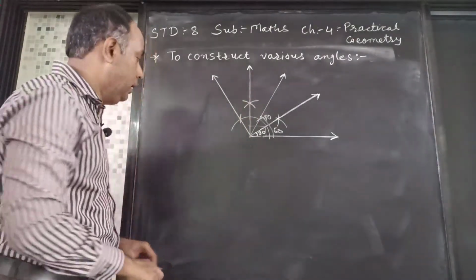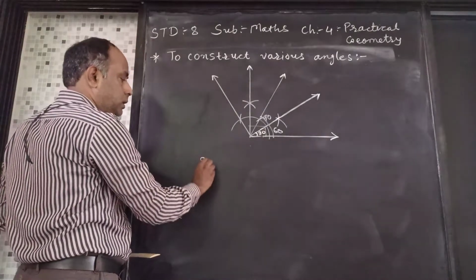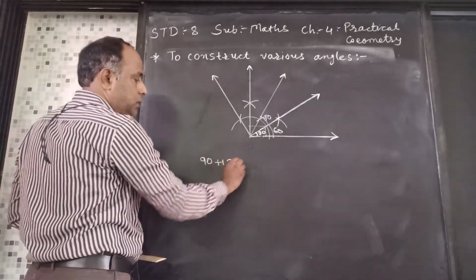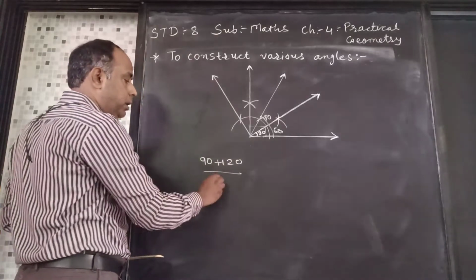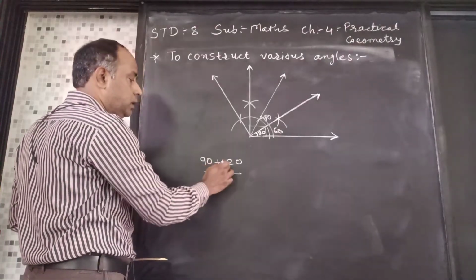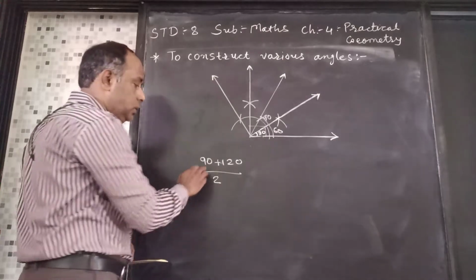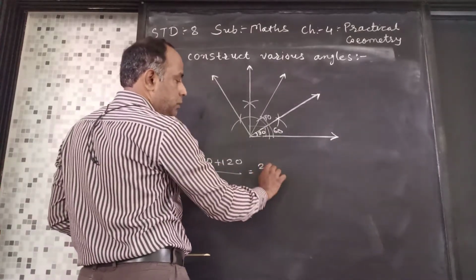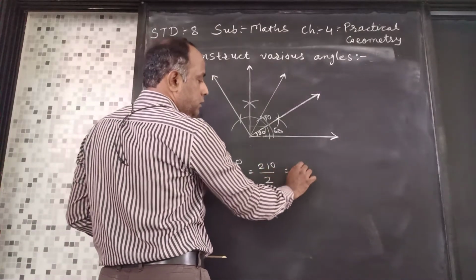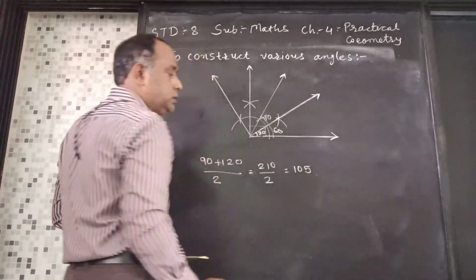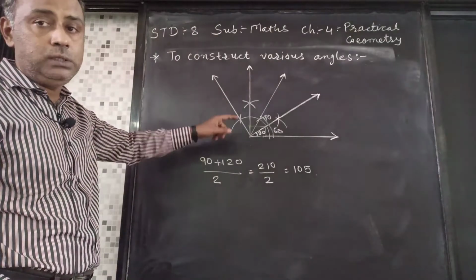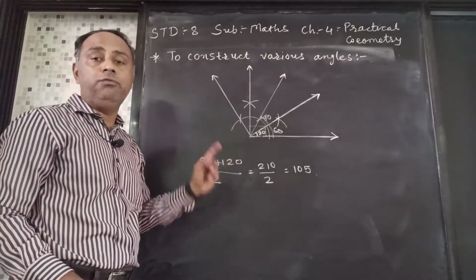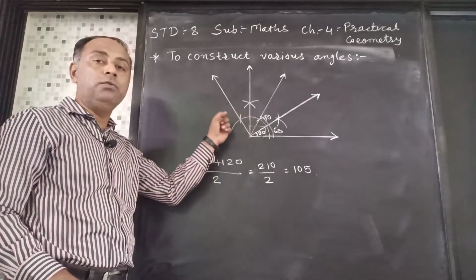Yes friend, as I said that you need to take the mean, means addition of those two angles which you are going to take and divided by 2, since you are taking the addition of two angles. So just divided by 2, it will be 210, and thus the division will be 105. So this is how you will be able to construct an angle of 105 between 90 and 120.